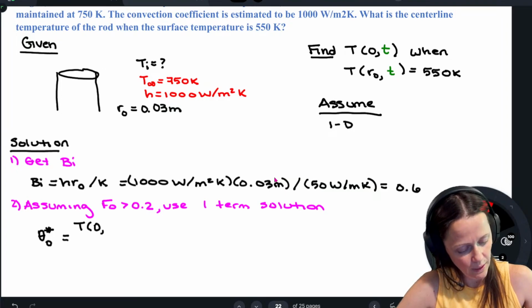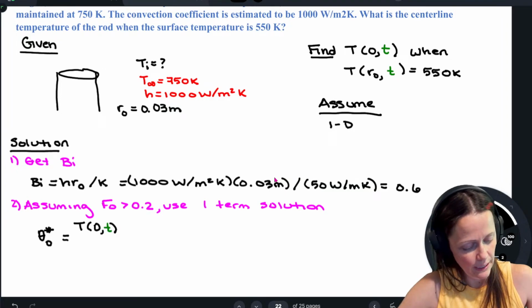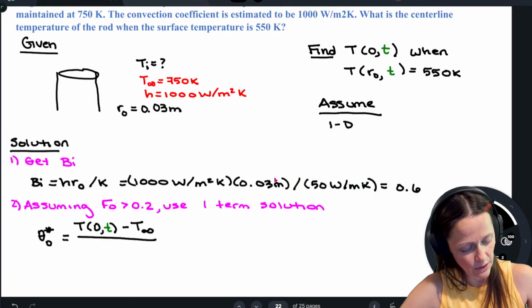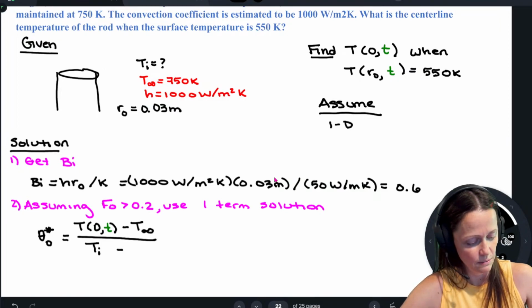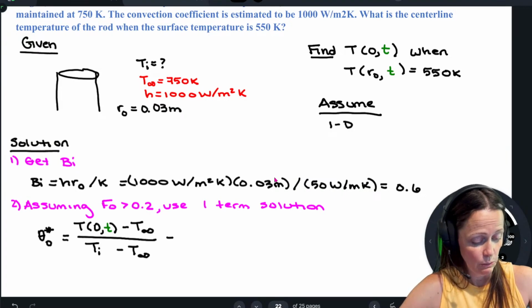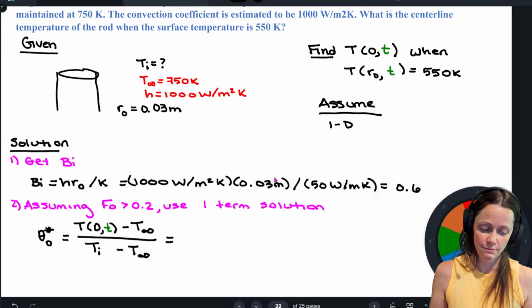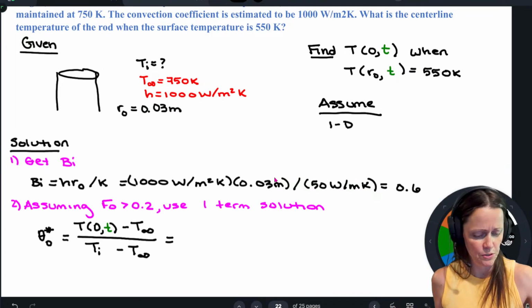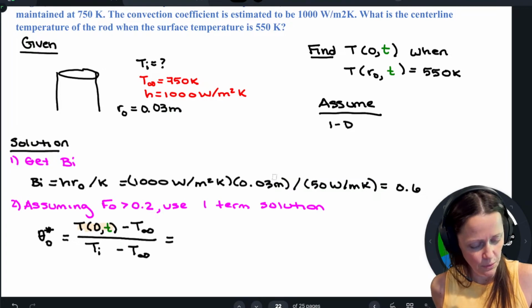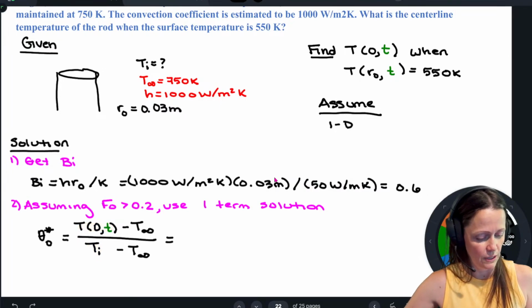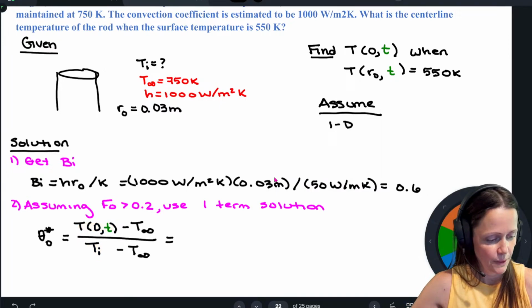So this particular guy is that temperature minus our T infinity over T initial minus T infinity. Well, so far there's some stuff I don't know. I've got two unknown temperatures there. I don't know this guy, that's what I'm trying to solve for, and I don't know this guy. Of course, I know the T infinity, but that's kind of it there.